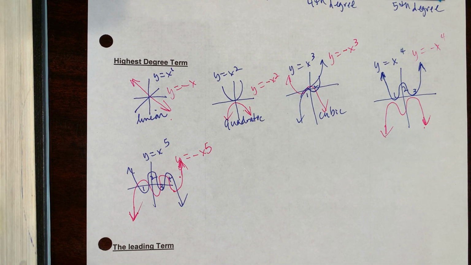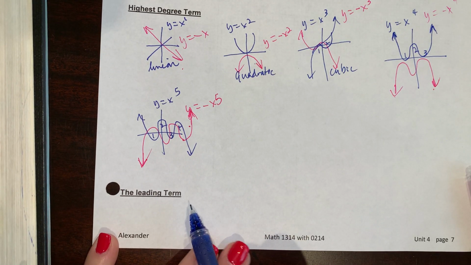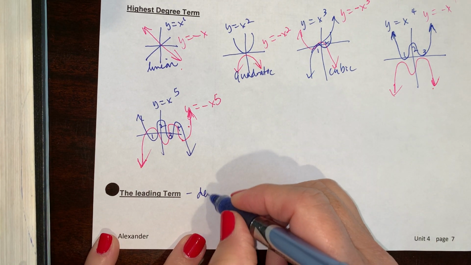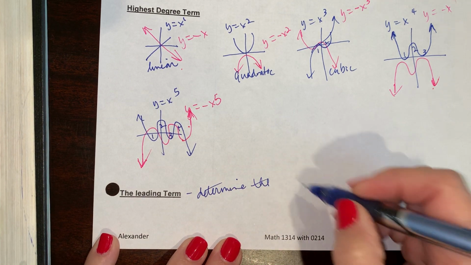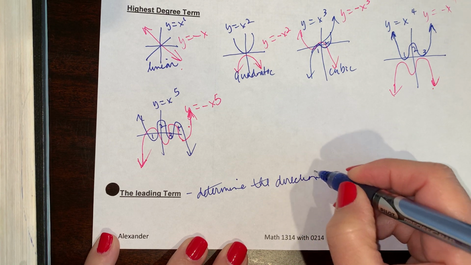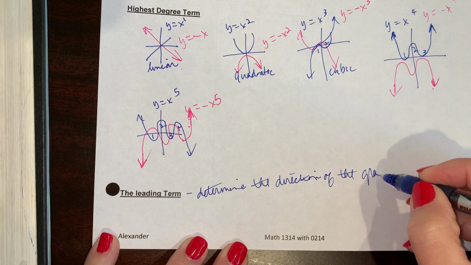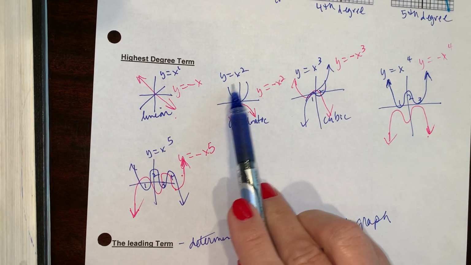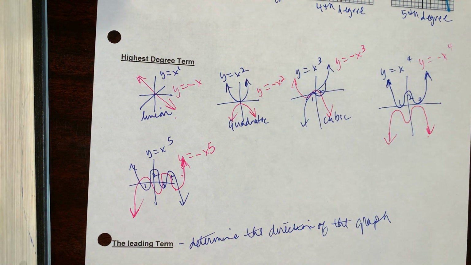So that helps us with the next concept. The leading term helps you to determine the direction of the graph. What I mean by that is, when we were looking at y equals x squared, that one was facing upward.